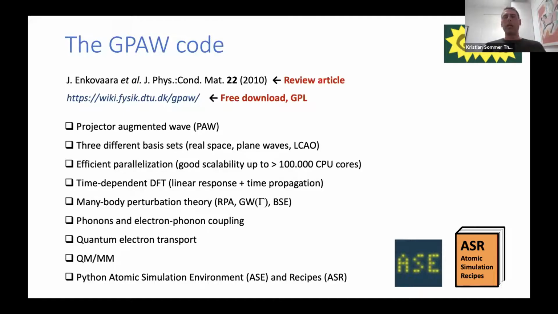But this is PAW rather than pseudopotentials. And it has time-dependent DFT and many-body perturbation theory, phonons, electron-phonon coupling, Landauer-Büttiker electron transport, and then it's very well connected to the ASE and the ASR, as mentioned.